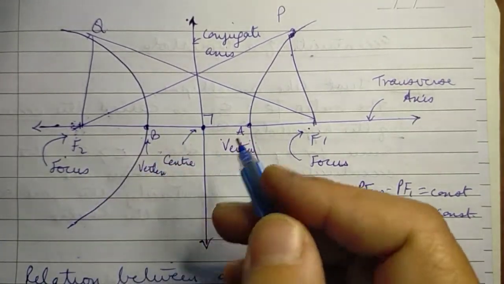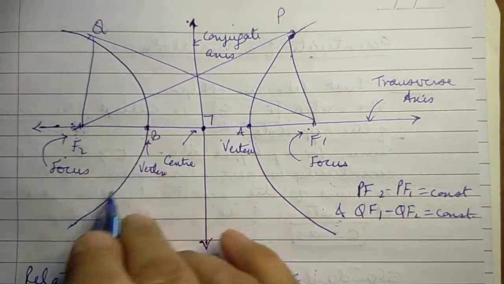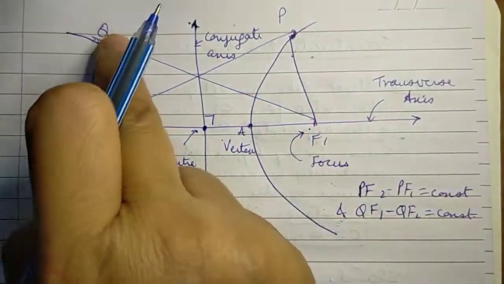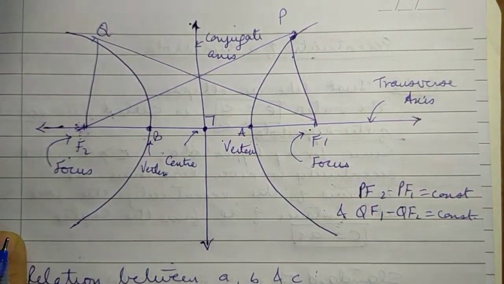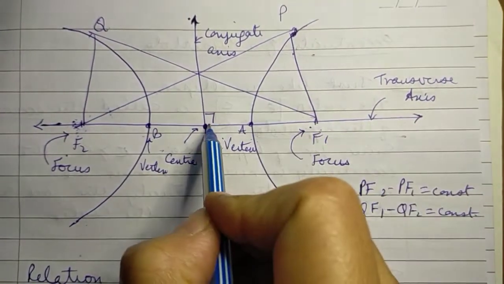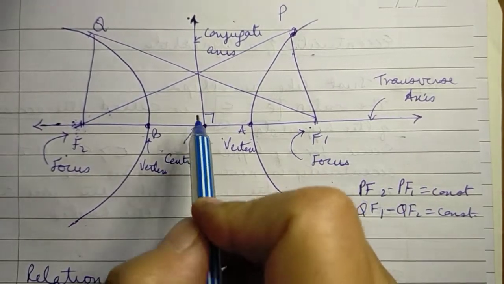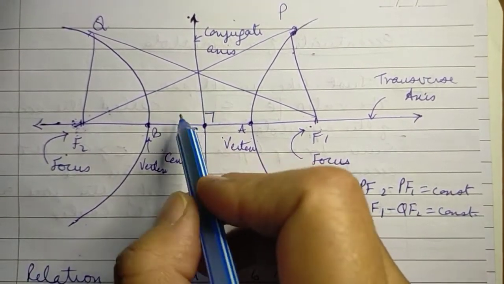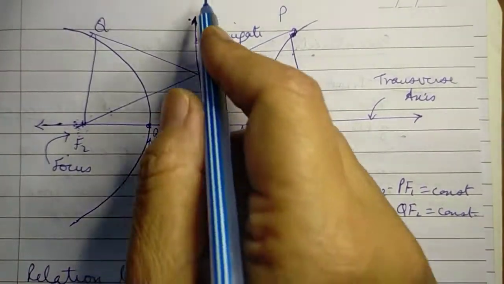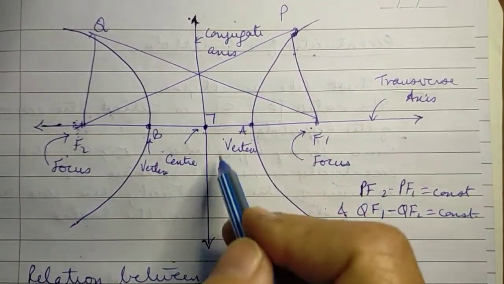Second one is, as you all know, that ellipse is a closed figure, whereas this is an open figure. This extends indefinitely in this direction, and this extends indefinitely in this direction. And the third point, and a very important point, is that as against an ellipse where the minor axis also had a fixed length, here the conjugate axis doesn't meet the hyperbola anywhere.